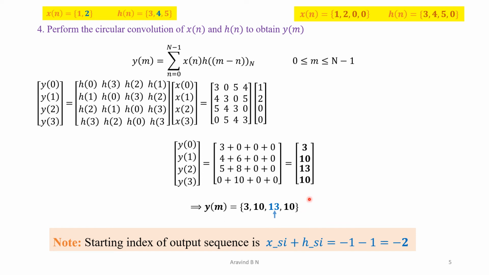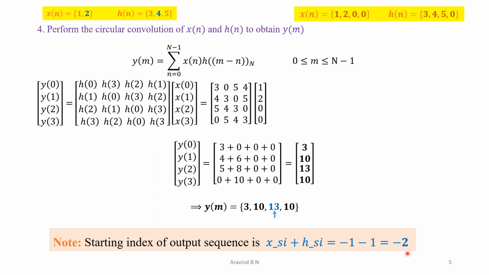Then in the output we must mention which element is the origin. For that purpose, again we are going to use this formula x underscore si plus h underscore si. So x underscore si is going to be minus 1 with respect to this given data, and h underscore si is minus 1 with respect to this given input.